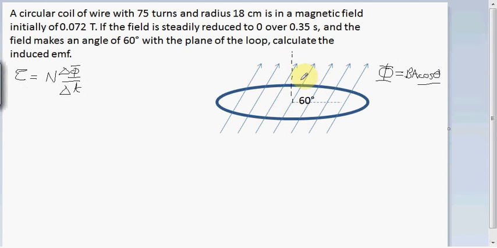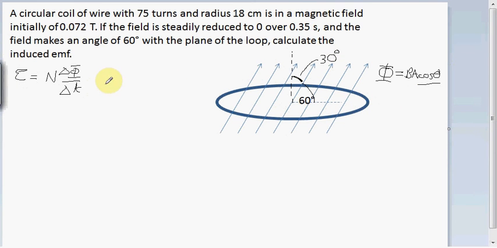So in other words, theta in this formula is not the 60-degree angle there. Instead, it's this angle here, which is 30 degrees.